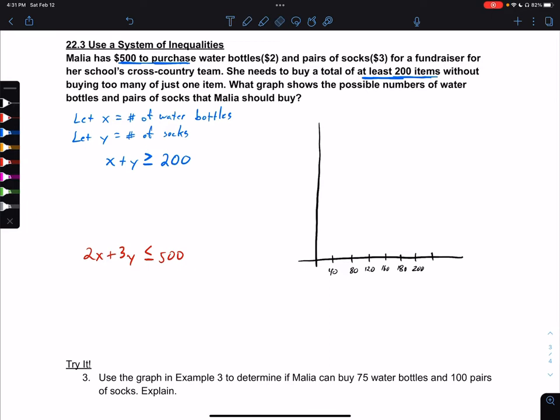No, that's not the right number. We said 40s. So we would have 200, 240, and 280. And then we'll do the same thing for the y values.